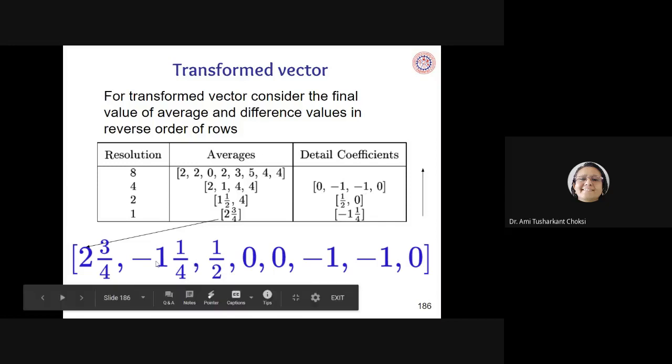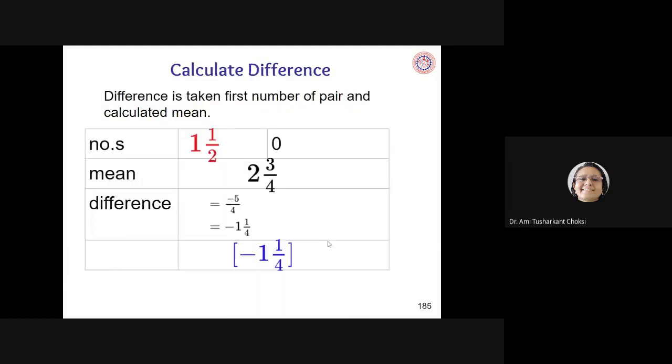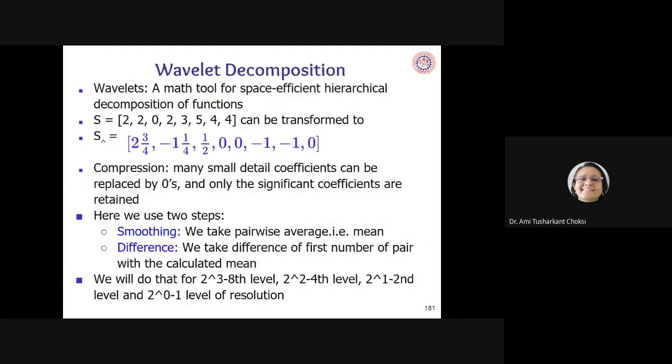That's what we are getting here. This is the transformed vector according to the wavelet coefficients, or we can say the wavelet decomposition.